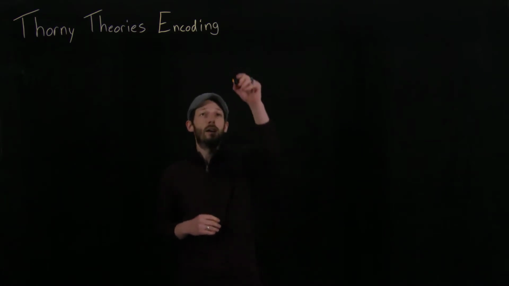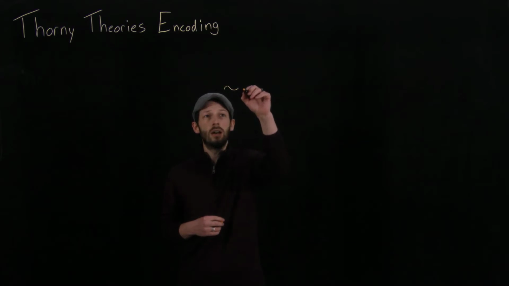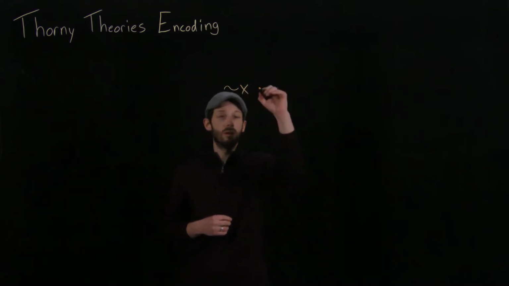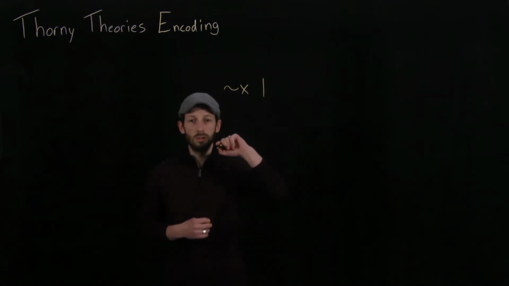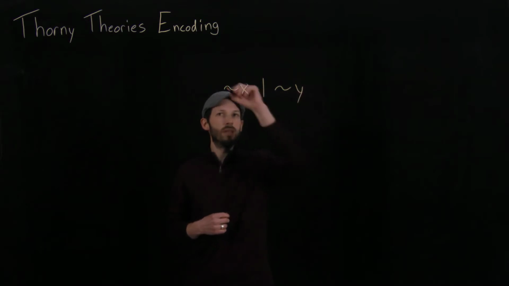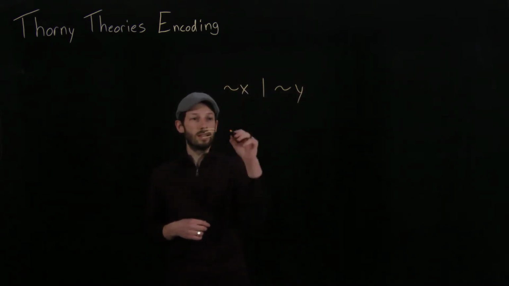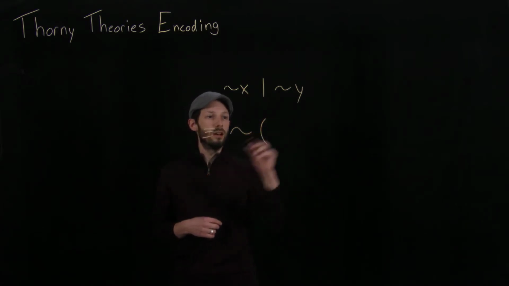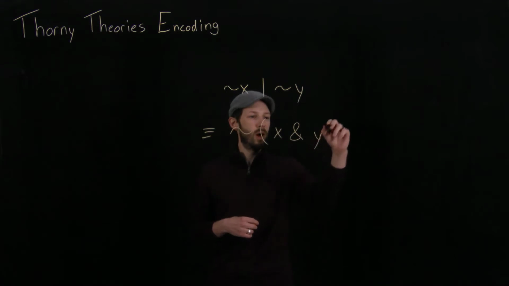One trick that a lot of students are using is that if you have the negation of a particular variable, and I'm going to use the Python syntax because this is what you'll see on the website, and you have the negation of something else, if this is your submission, then this is equivalent to saying that it's the negation of x and y.